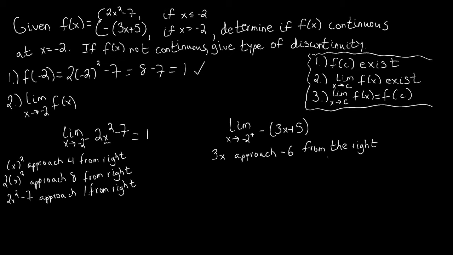Now when we take into account 3x plus 5, since we're approaching negative 6 from the right, as we get closer and closer to negative 2 from the right, we'll get closer and closer to negative 6, meaning 3x plus 5 will approach negative 1 from the right.